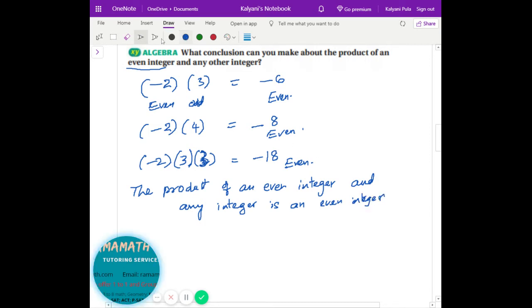Does that make sense? So that's our conclusion from this. It doesn't matter what number you take, when you multiply with an even number, obviously you're going to end up with an even number.